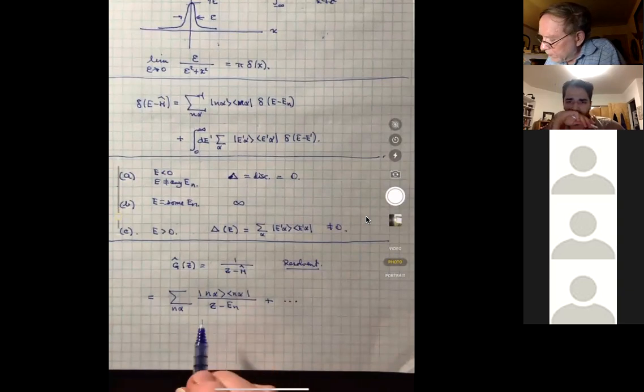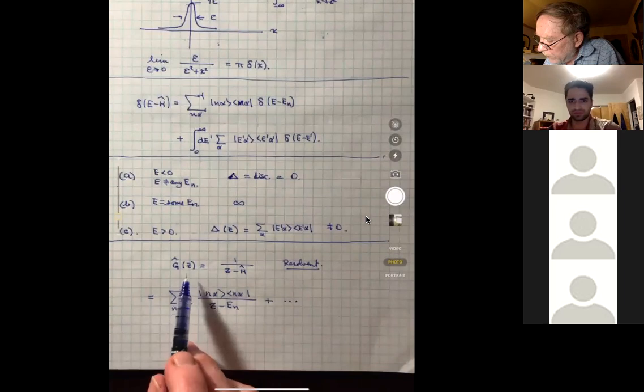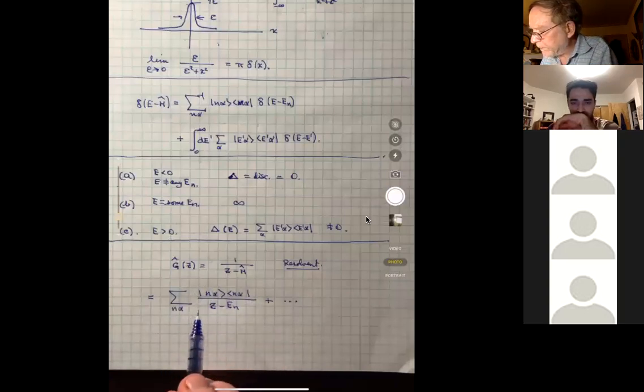You can see that 1 over z minus E_n, as a function of the complex variable z, is a pole. It has a pole at z equals E_n, and the residue of the pole is the projection operator onto the energy eigenstate.